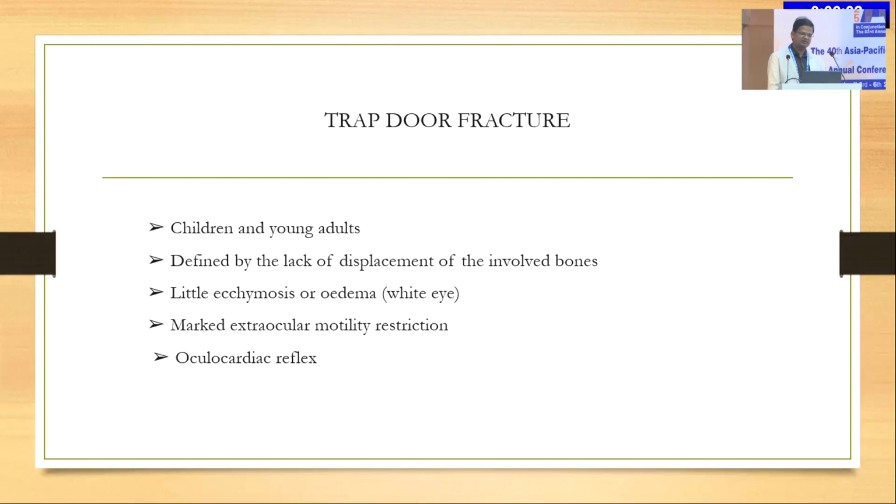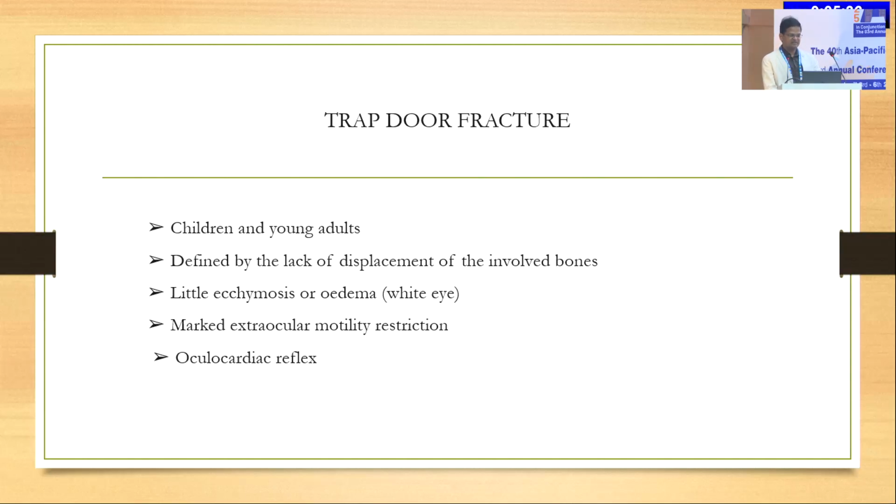So what is a trapdoor fracture? It is one interesting case. Generally it occurs in children and young adults, where the bone is not calcified. The patient presents with no sign or symptom in the anterior segment, the eye is completely white and vision is normal, but when you examine the extraocular movements carefully, we find a restriction of movement, and then we advise an MRI. We find a teardrop sign.